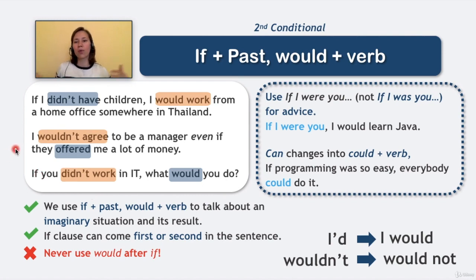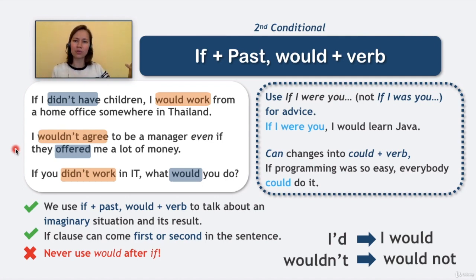Once again, conditional sentences speak about an imaginary situation in the present. They are formed with two parts of the sentence. The first part contains the condition, and in this part you have to use the word if, and then past simple. If I had a lot of free time, this is a condition.